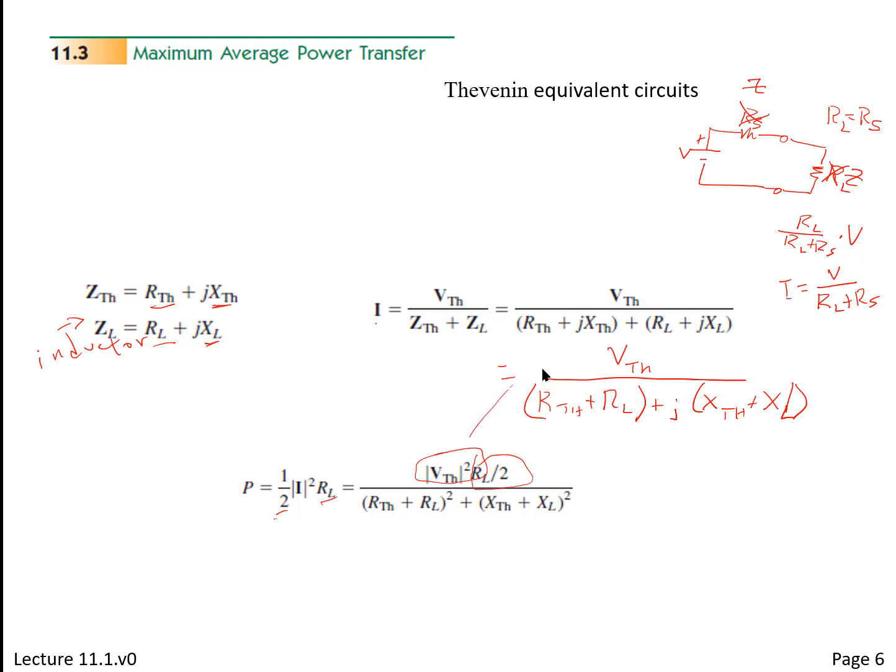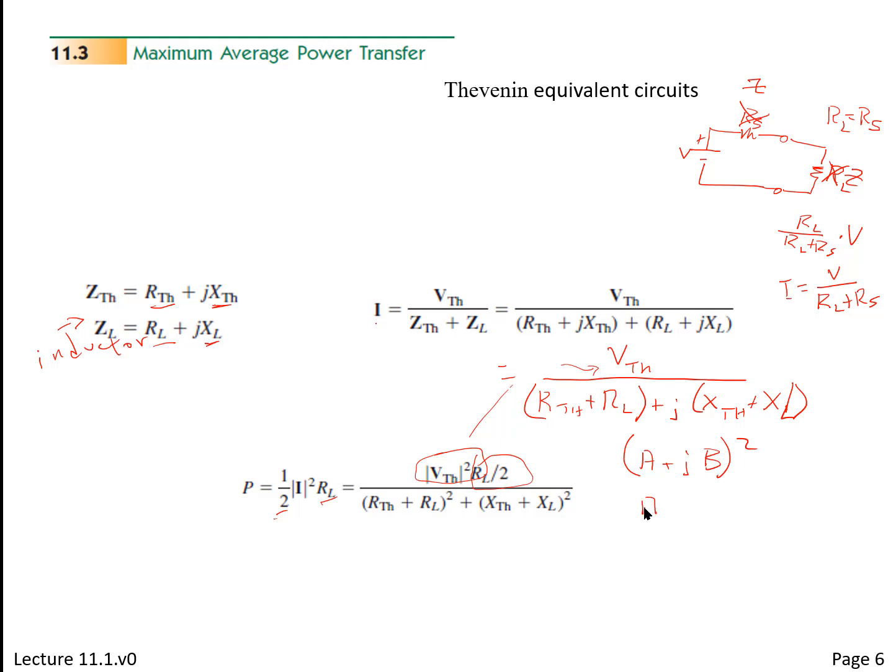Now I have this whole bottom squared, and somehow you're telling me that reduces to just the square of each part? Let's try it. We know it's going to be this squared. So let me do it this way: A plus JB, that quantity squared.